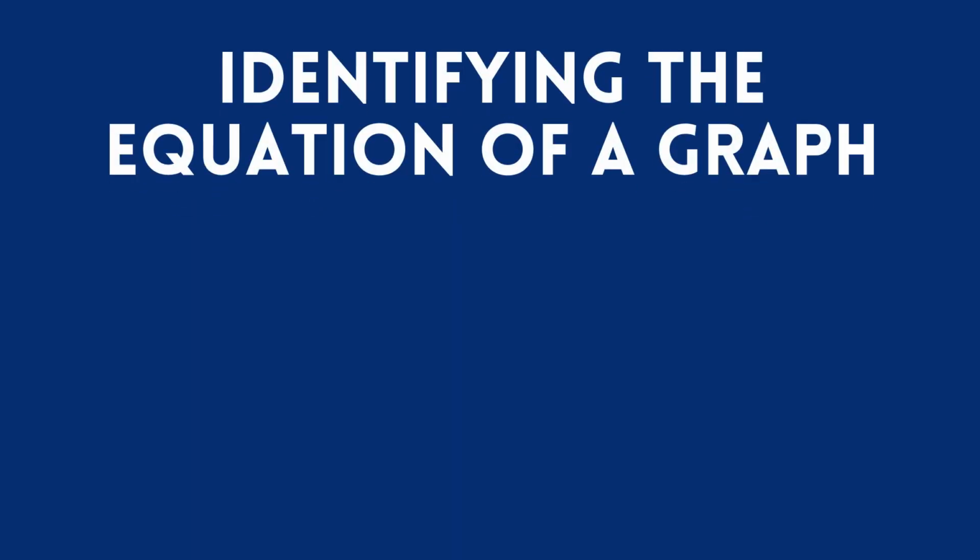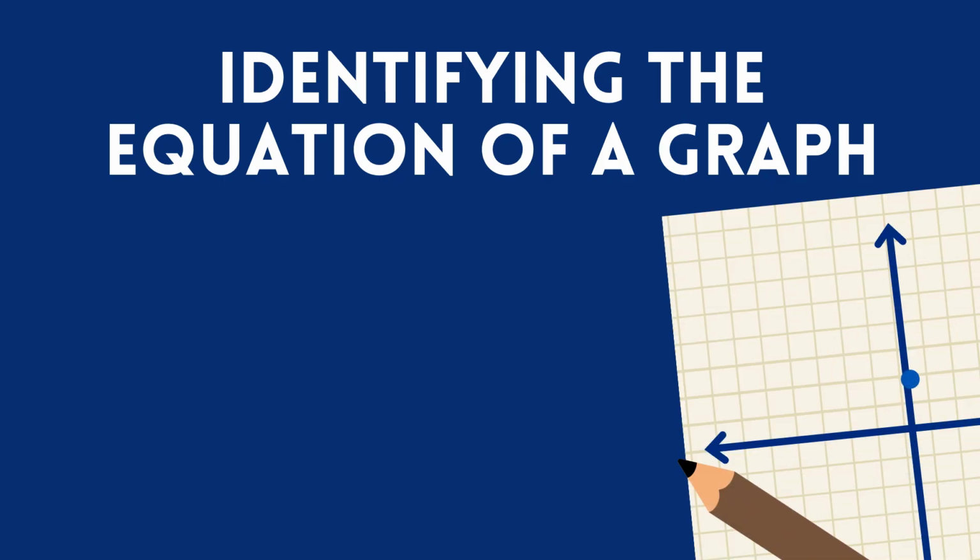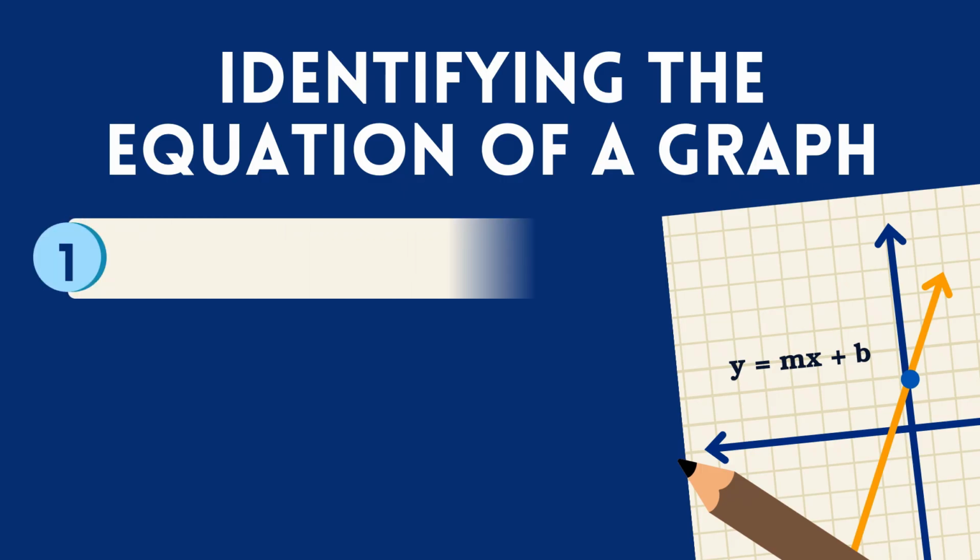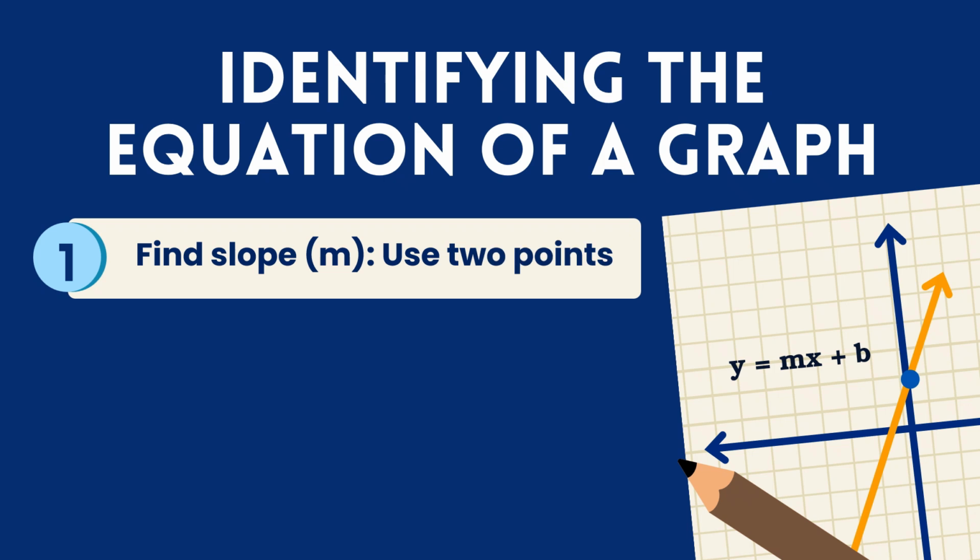Next, identifying the equation of a graph. Now that we know how to read slope and y-intercept, let's learn how to write the equation of a line from a graph. To do this, we follow 3 simple steps. First, find the slope, or m. Use 2 points on the line to calculate rise over run.